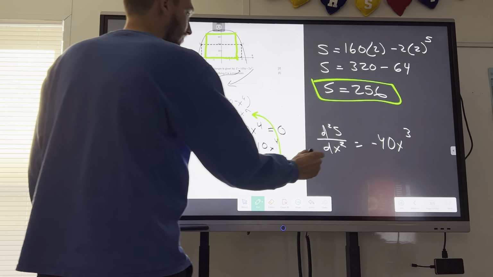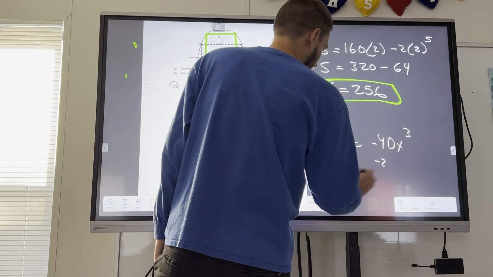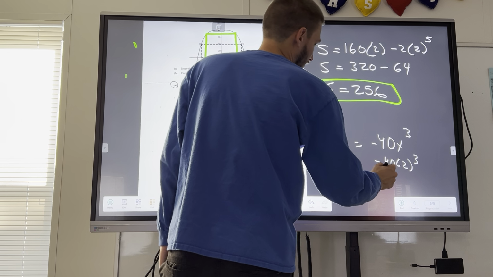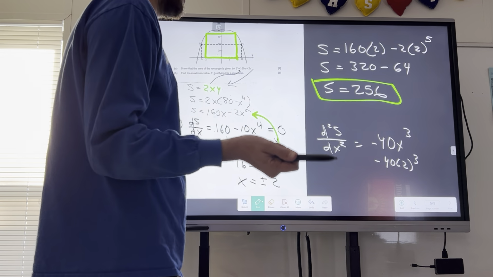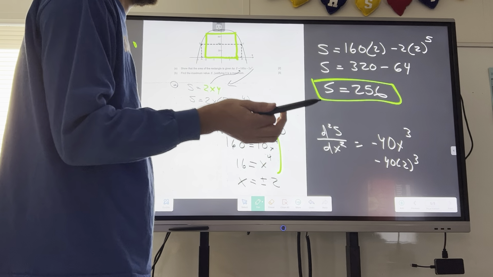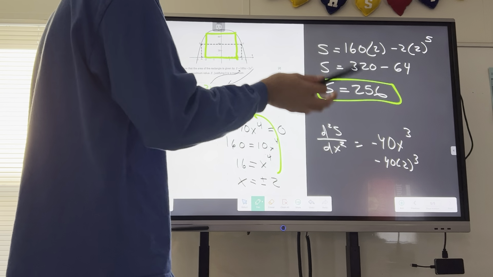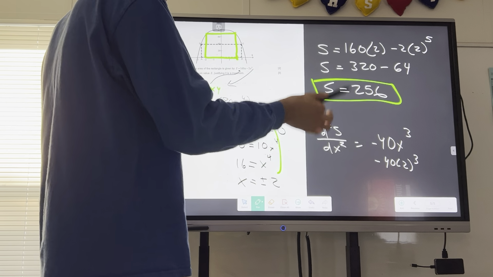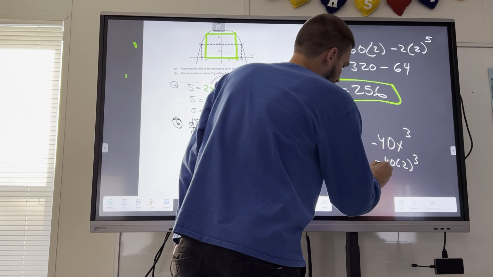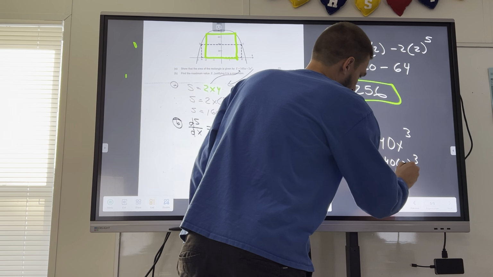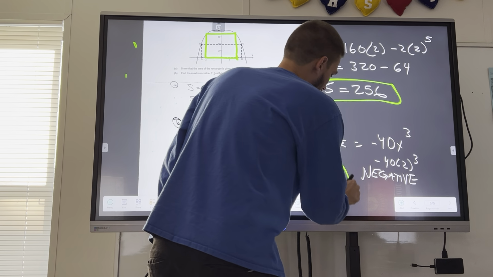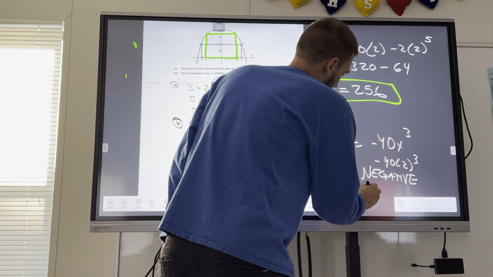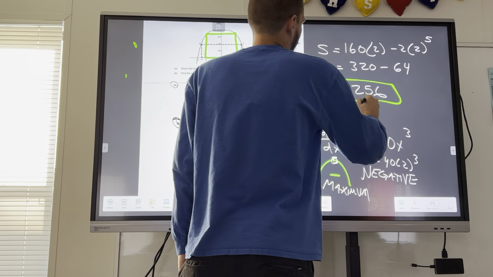Okay, if I plug in a 2 here, I don't really know what that number is going to be, but it's definitely going to be a negative number. 2 cubed is 8. 8 times 40, it's going to be negative 320. Who cares? It's a negative number. So because it is negative, it's going to be concave down, which is going to be a maximum.